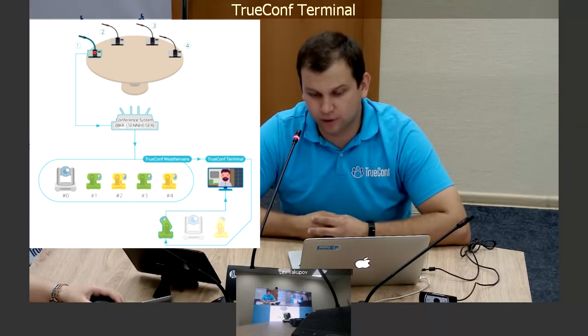Our recommendation is to install the TrueConf Terminal application on the same PC where the TrueConf Weathervane application is installed. Weathervane doesn't produce a lot of CPU usage, so it wouldn't affect the work of the TrueConf Terminal conferencing application.